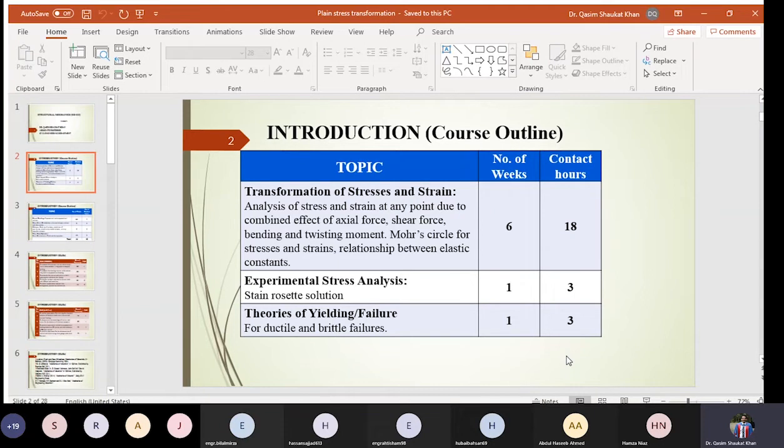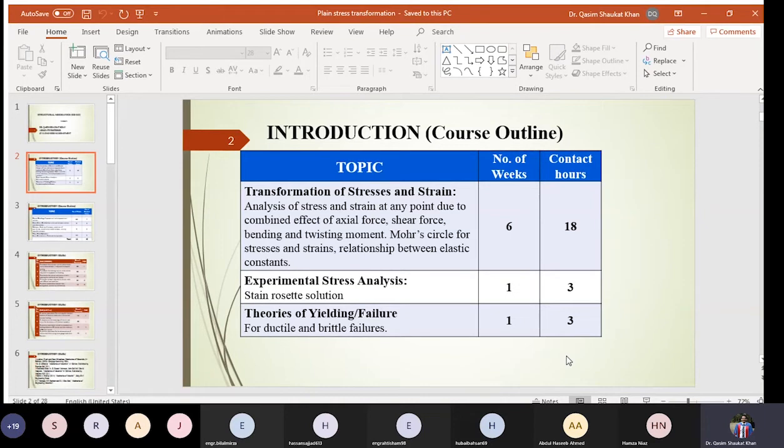Then after the midterm, we will repeat all this with transformation of the strain. So transformation of the strain will also be similar. In the transformation of the strain, we will study the derivation of the equations for the computation of normal strain and shear strain, then the computation of the principal strains, maximum in-plane shear strain, and so on.